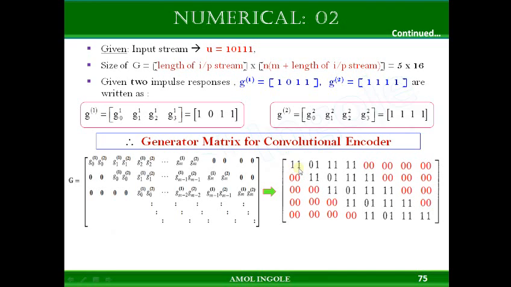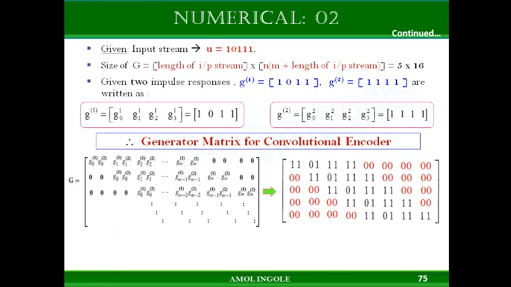So by 2 spaces, if I shift the first row, you get the second row here. The third row can be obtained by shifting the second row by 2 spaces again. The fourth row can be obtained by shifting the third row by 2 spaces, and that's how you can get all 5 rows and all 16 columns of the generator matrix.